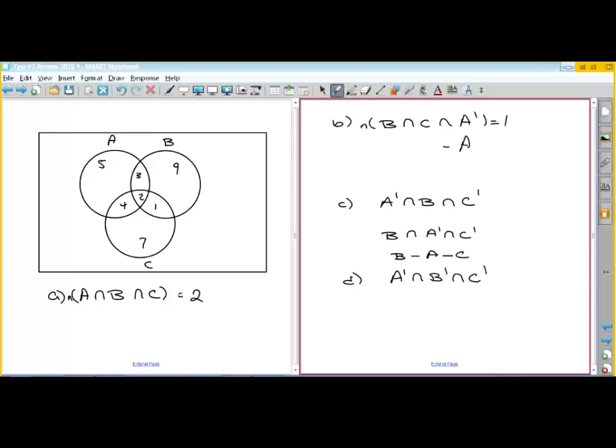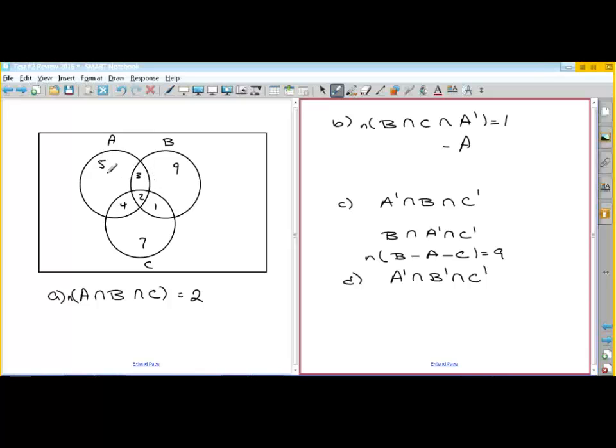So if we take set B and we subtract out set A and we subtract out set C, what's left is this little corner part. So the number of elements associated with this is 9.